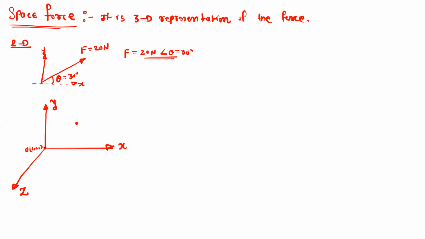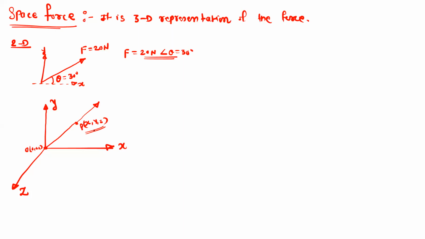So suppose force is acting at the origin having the coordinate 0, 0, 0, and it is passing through a point in the space. Suppose this point is represented as x, y, and z. Okay. So this point is a point P. So force is acting at point O and it is passing through this point. Okay. So this point P, x, y, z, it will represent the direction of that force.